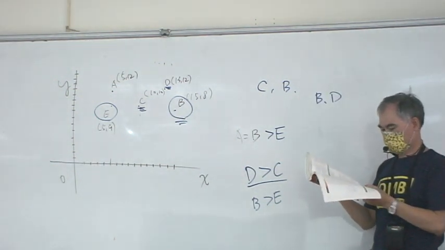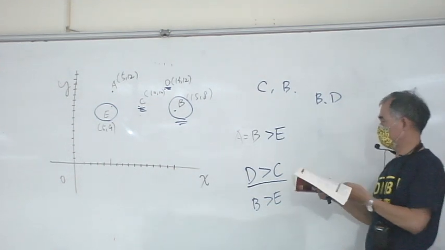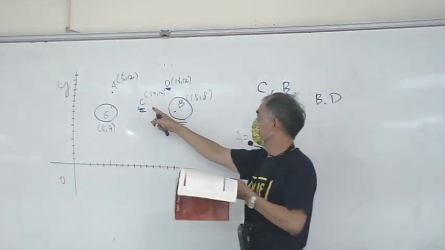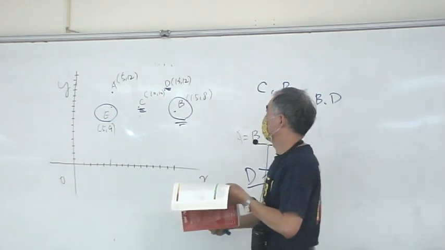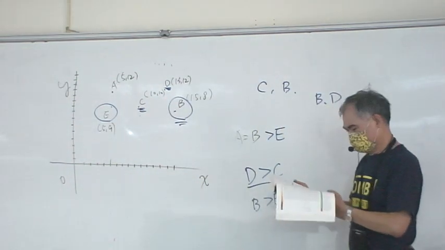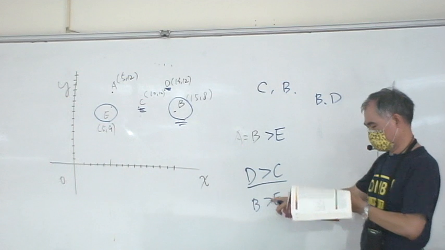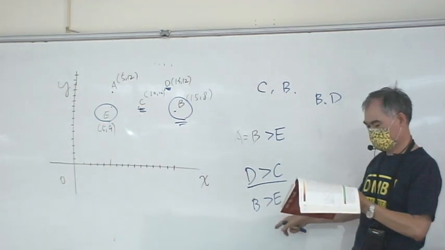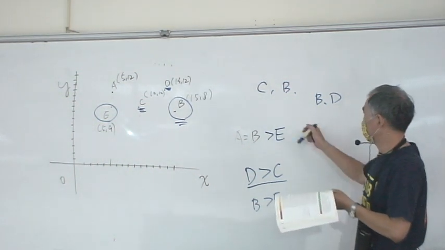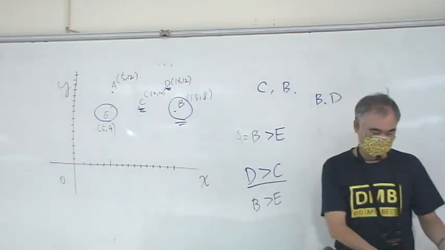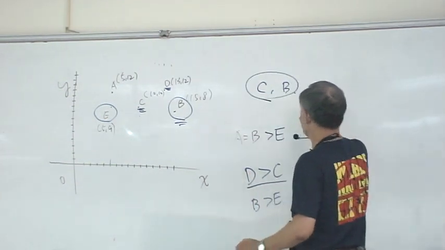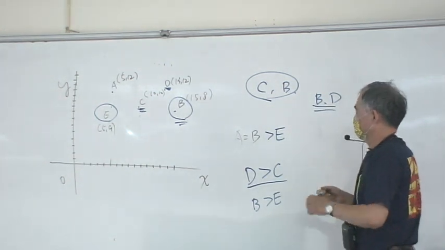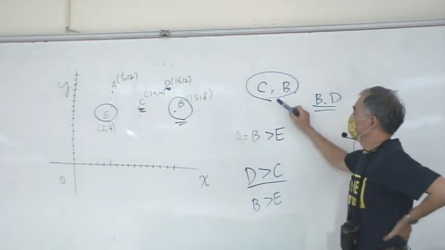So for C and D, you know D is better, okay? And then you have B and E, B is better. And now we're going to compare C and B, and then B and D. Okay, let's try a little bit here.